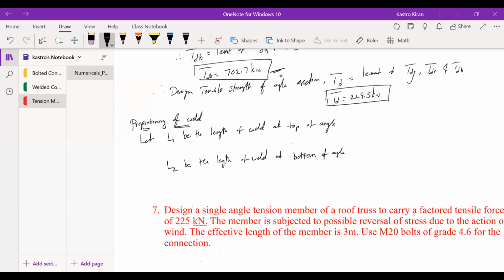There is a fixed formula to find the lengths of weld when the average length of weld is given.